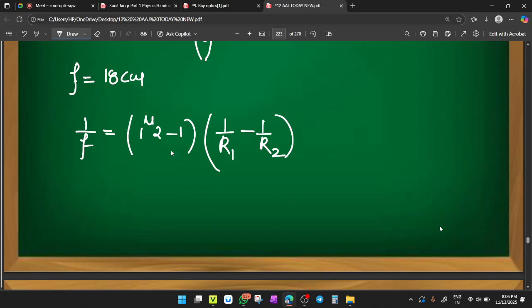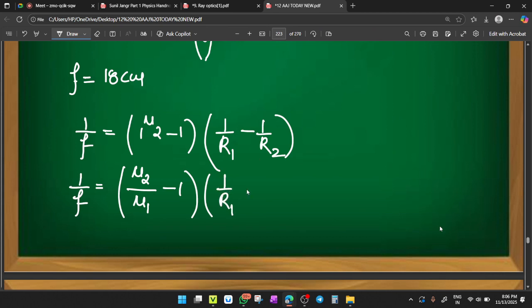Clear or not clear? Okay. More better, you can write it like 1 upon f equals (mu 2 upon mu 1 minus 1), times (1 upon r1 minus 1 upon r2). Fine.